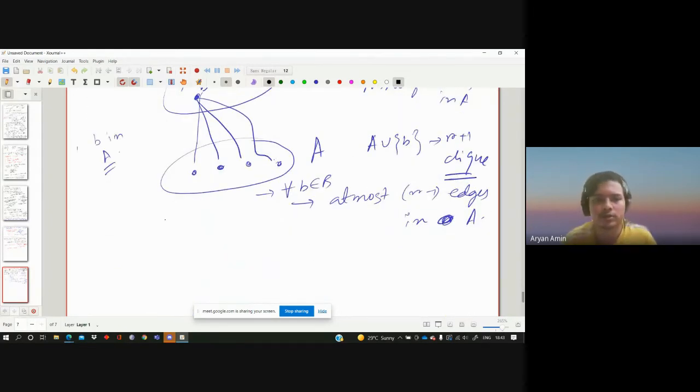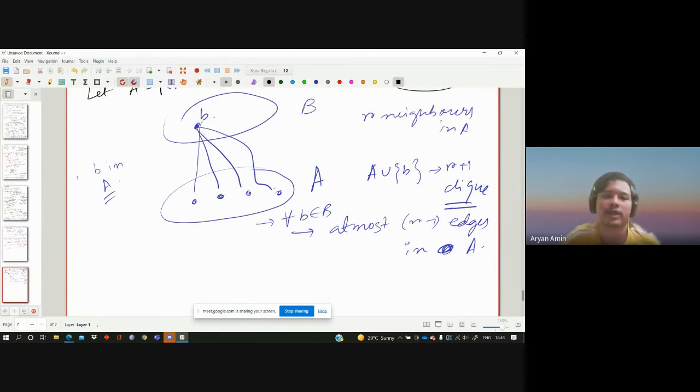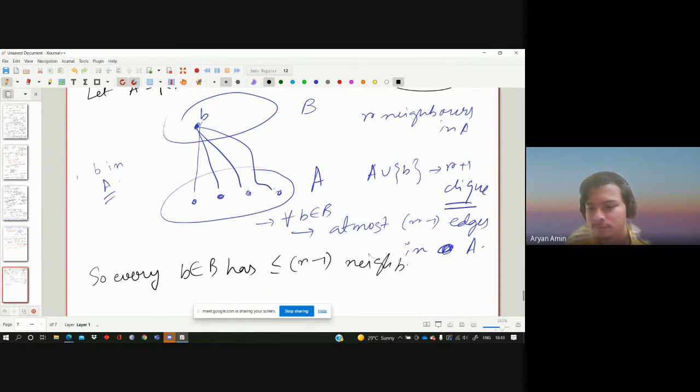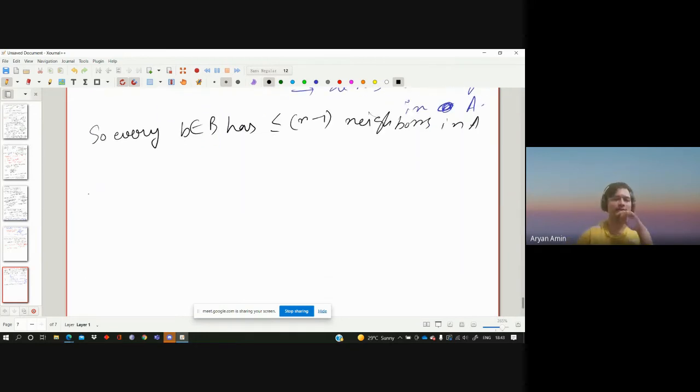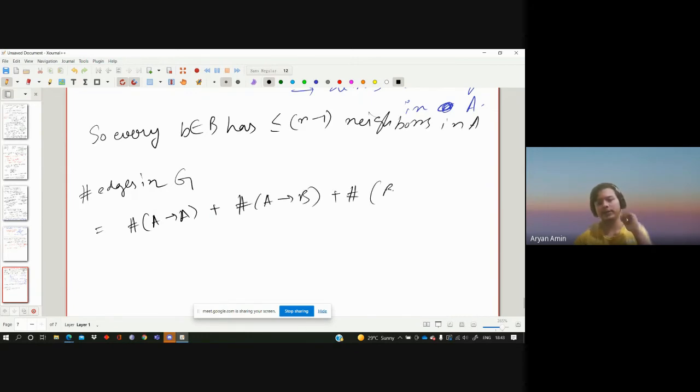Okay, so does everyone follow till here? So we found that every b belonging to B has at most r minus 1 neighbors in A. So now what can you say about the number of edges in G? The number of edges in G would be A to A edges plus A to B edges plus B to B edges, right?